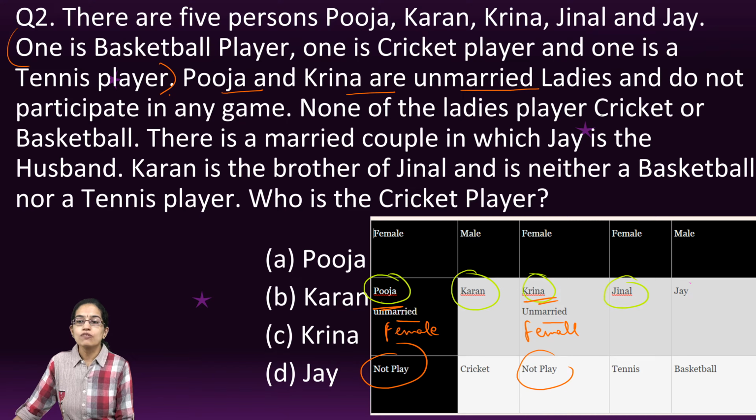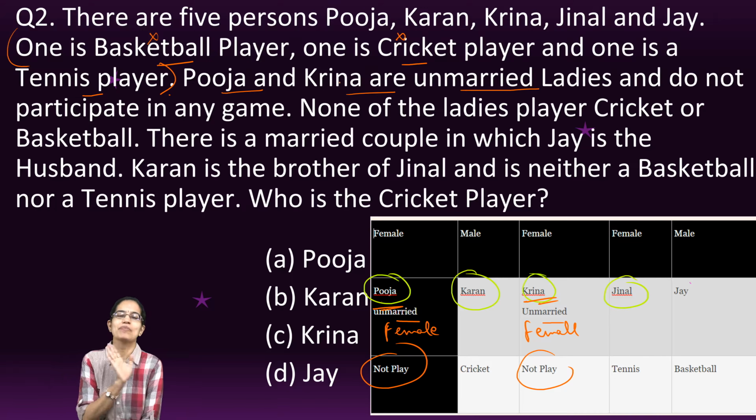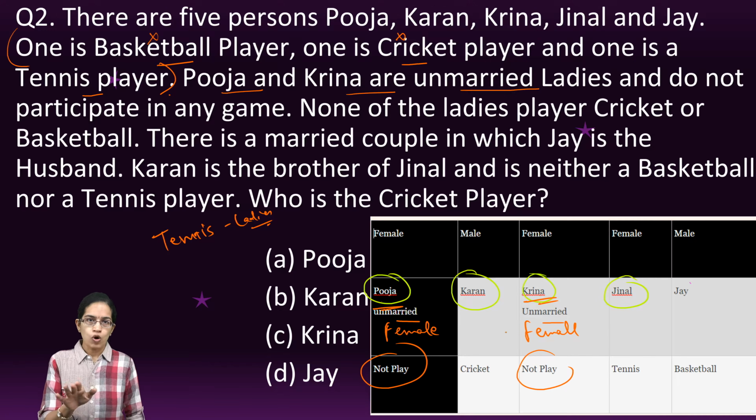Now none of the ladies play the game of cricket and basketball. So there are the games of basketball, cricket and tennis. The ladies do not play basketball, and the ladies do not play cricket. So the only game left for ladies is tennis. So I keep it for ladies. Now 2 of the ladies, or 2 of the females, we can say, do not take part in any of the games.